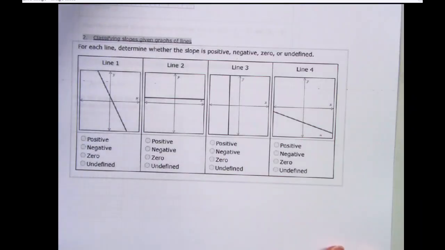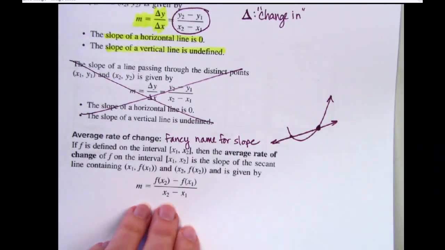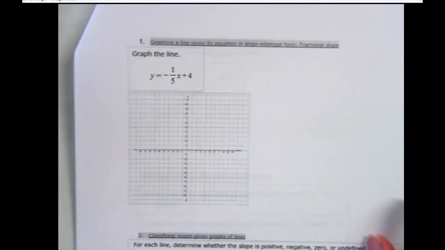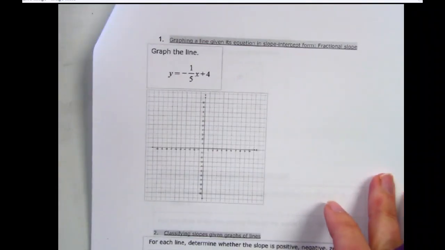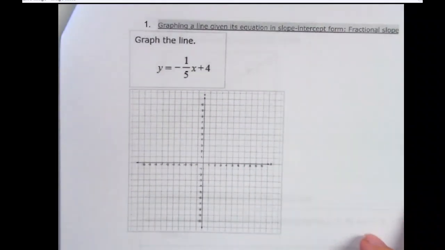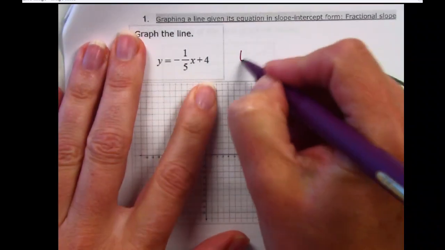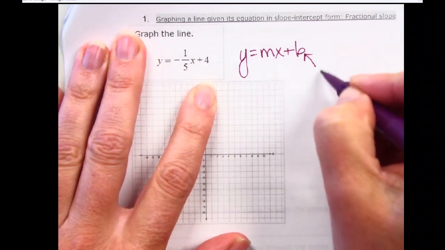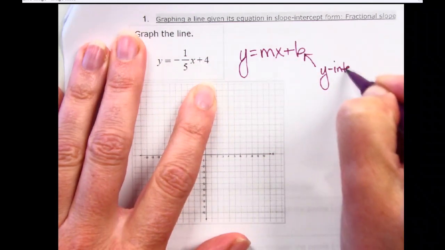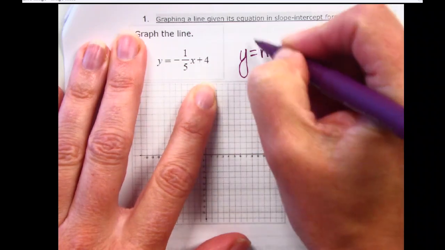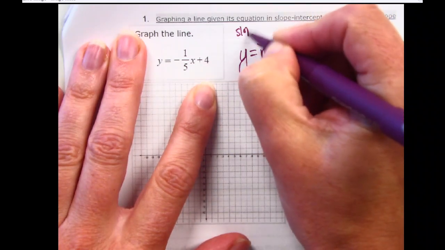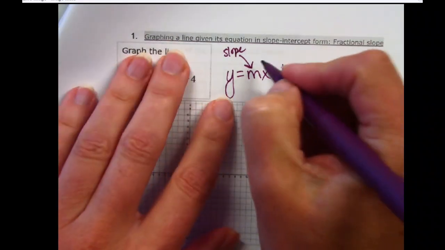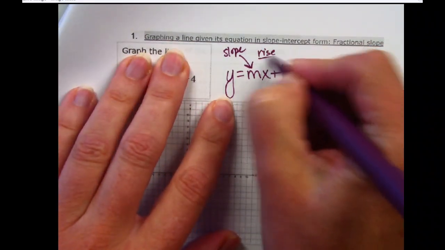All right, there's a whole bunch of terminology. Graph the line. We are in slope-intercept form, which is our best friend, because we know the B is the y-intercept, and we know that M is our slope. And when we graph our slope, we know it is rise over run.